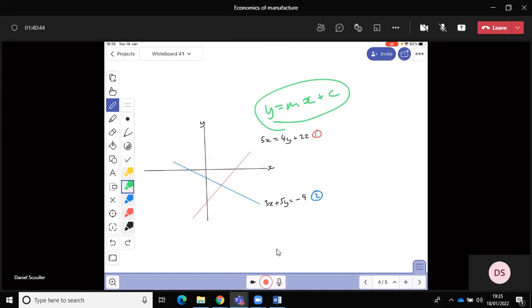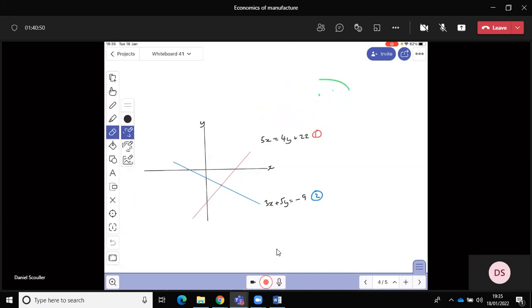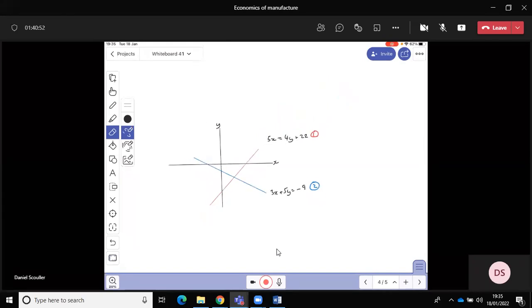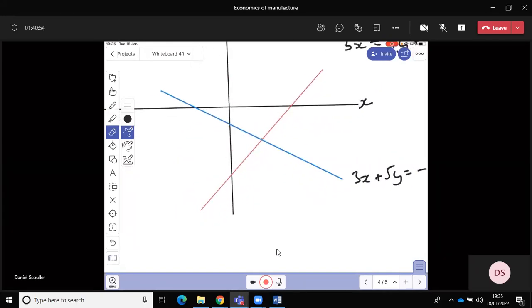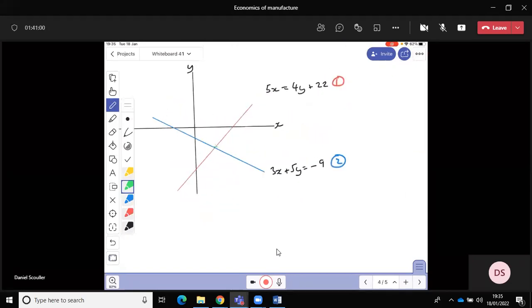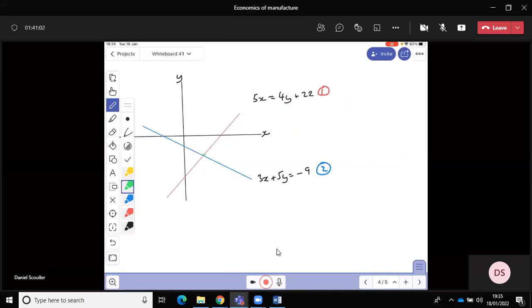So for equations of straight lines, they'll give you two. They'll ask you to work out the point of intersection, that point in there, and you'll do that by numbering these equations 1 and 2, and then working through that same process as we've been doing.